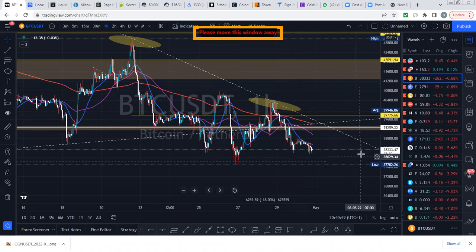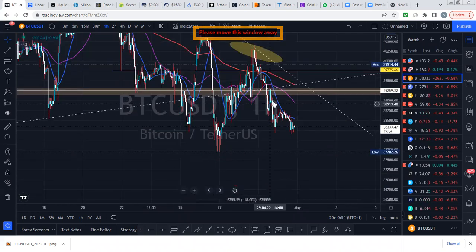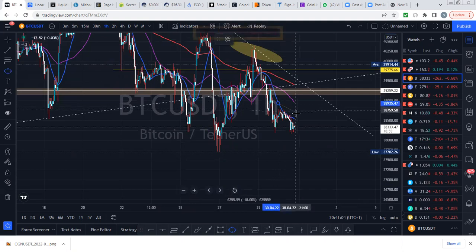Like if you look at this one now, this is the 1 hour time frame. You can see that the 20 moving average, or 21 moving average here, is following price closely. You understand?